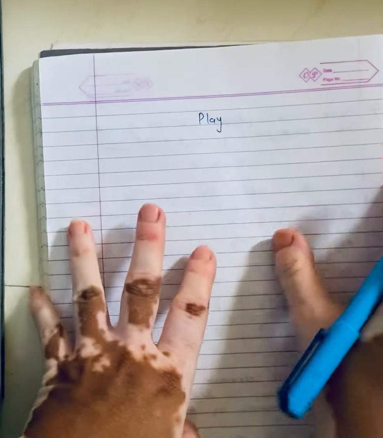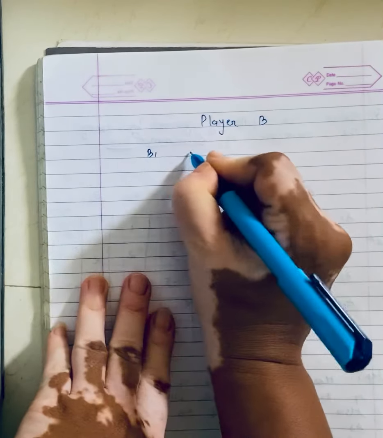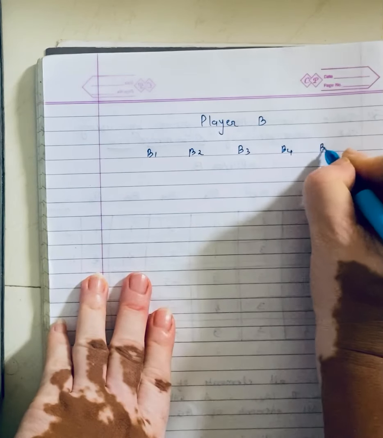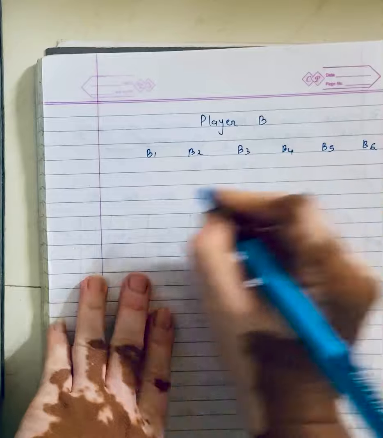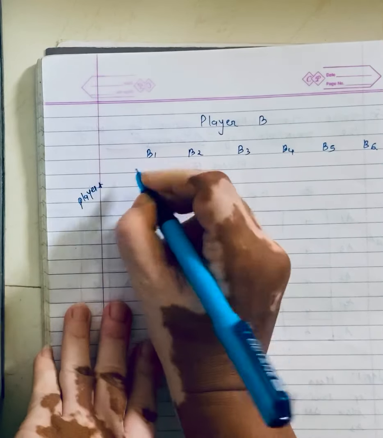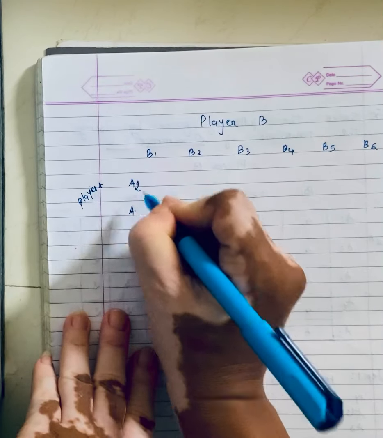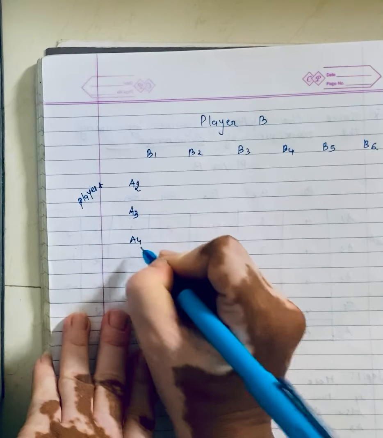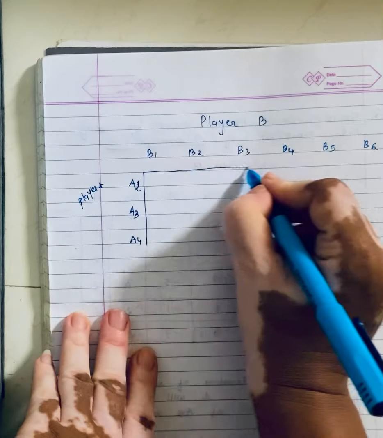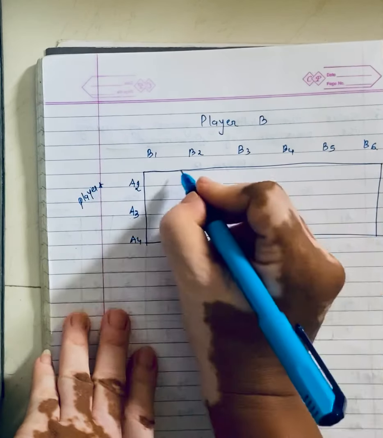For player B we have B1, B2, B3, B4, B5, B6, and for player A it is A2, A3, A4. So we don't have to write A1 and A5. Now write the remaining elements.